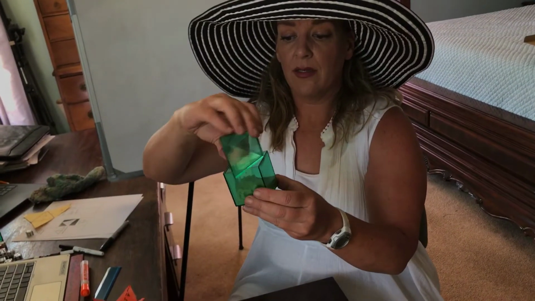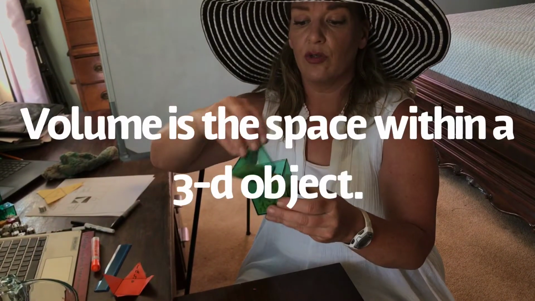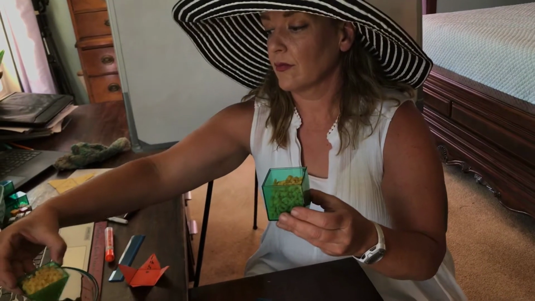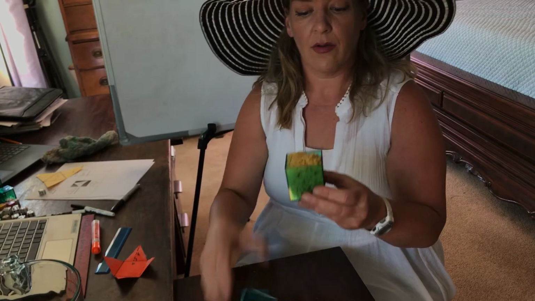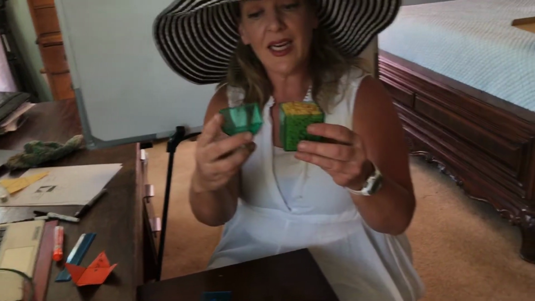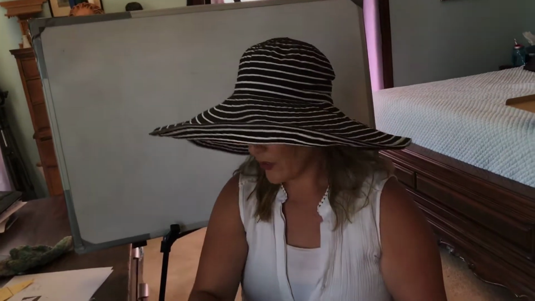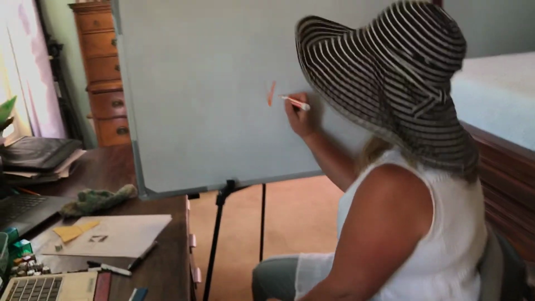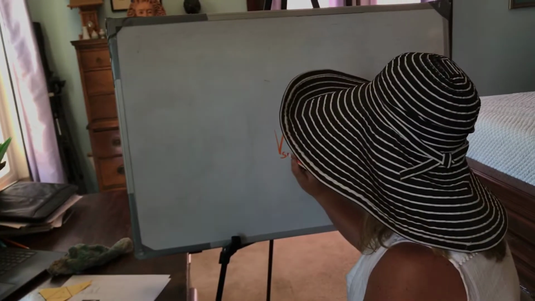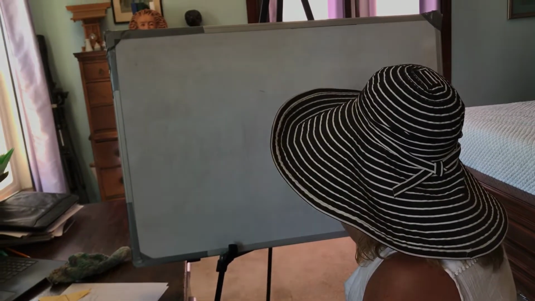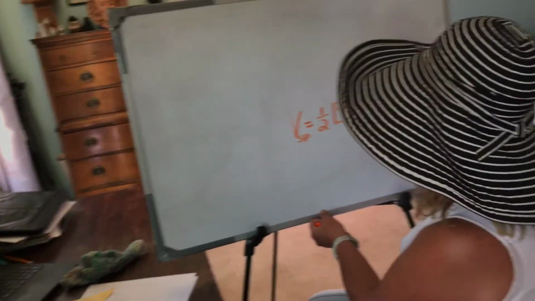So when we do that, we fill in 1. Remember, volume is the amount of space. This takes up 2, 3. Okay? So 3 of these pyramids fit inside this cube. So when I'm writing this equation, the volume of a square pyramid, it's 1/3 the big base, the area of the base, times the height.